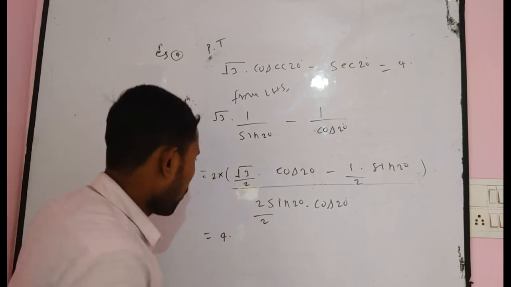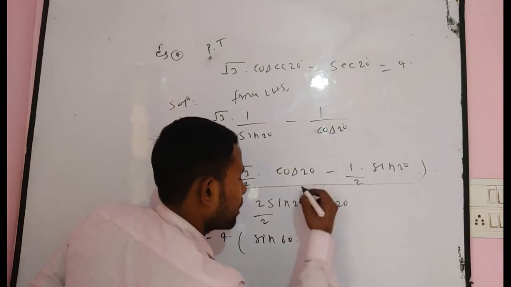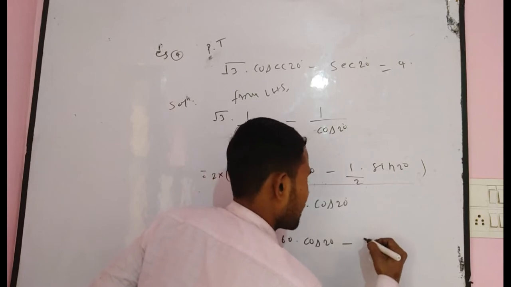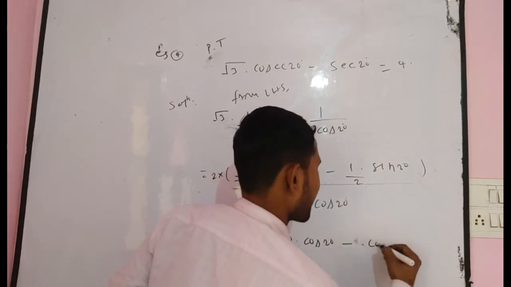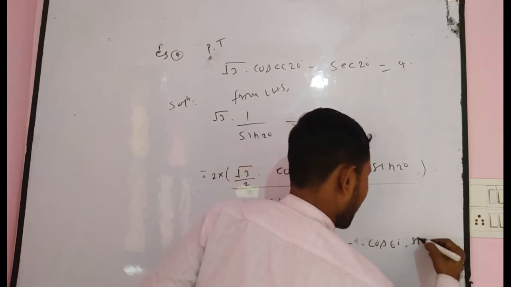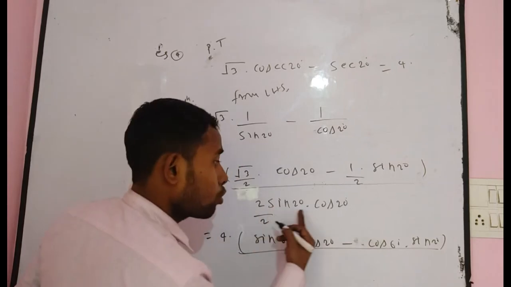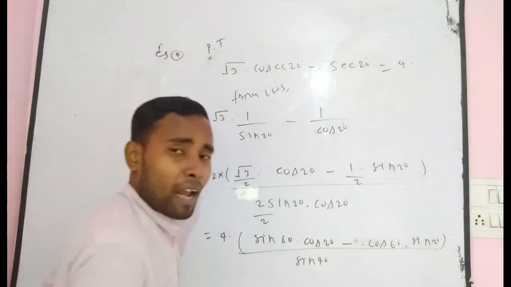And now you have to write root 3 by 2 as sin 60 degree into cos 20, minus half written as cos 60 into sin 20, divided by 2 sin 20 into cos 20, which is equal to what? Sin 40. Can you write?